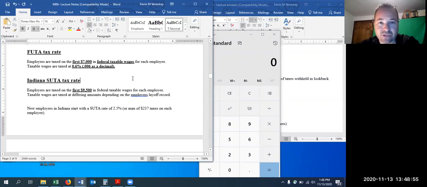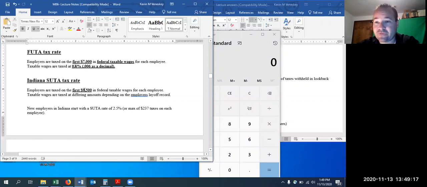Okay, not your gross wages. So it uses the same thing as federal income tax. They're going to look at that amount to see if you've hit this cap. And once you have, then you don't pay any FUTA tax for the rest of the year for that employee. Each employee has to hit $7,000 before you stop paying for that employee.